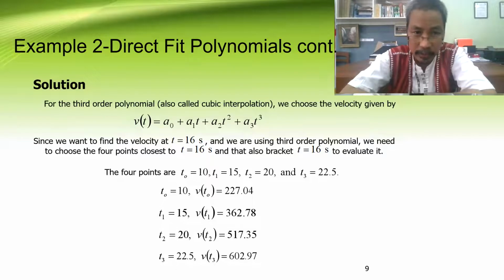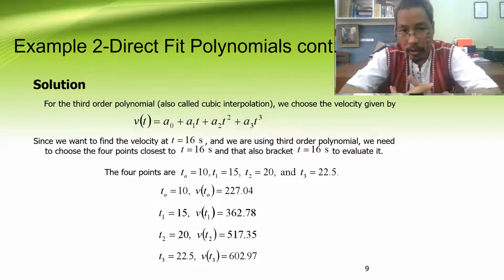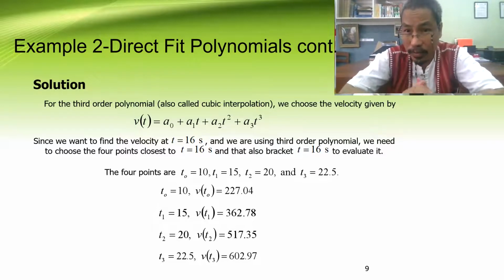Since we want to find the velocity at time equal to 16 seconds and we are using a third order polynomial, we need to choose the 4 points closest to 16 seconds, instead of 2 points. And also, those points must bracket time equal to 16 seconds.